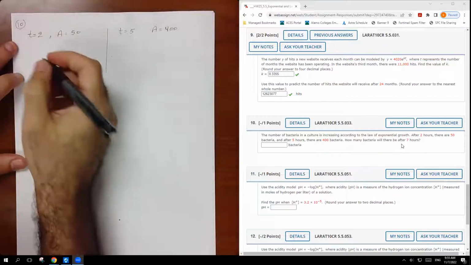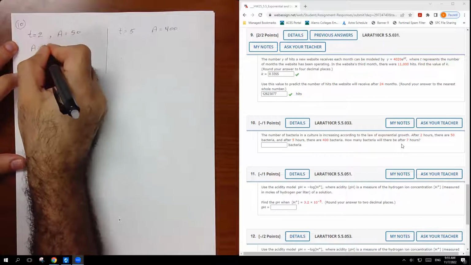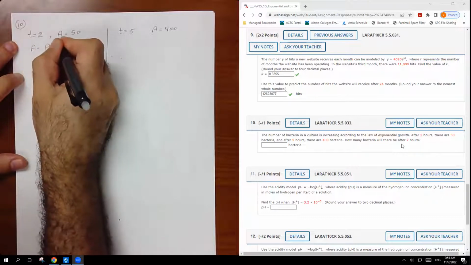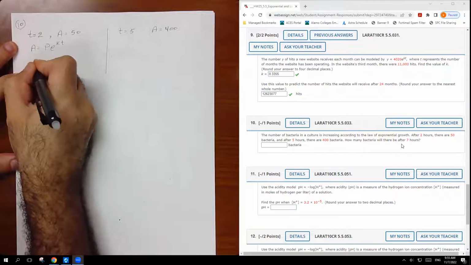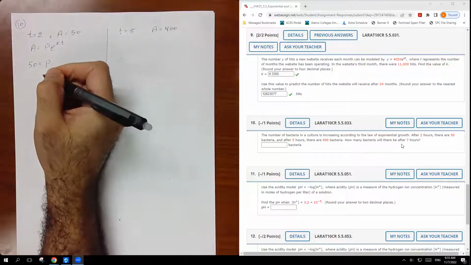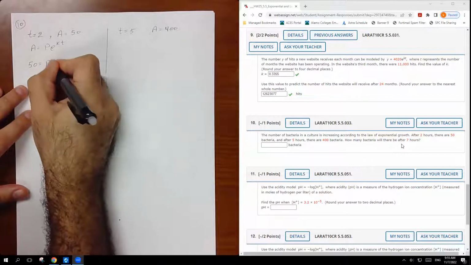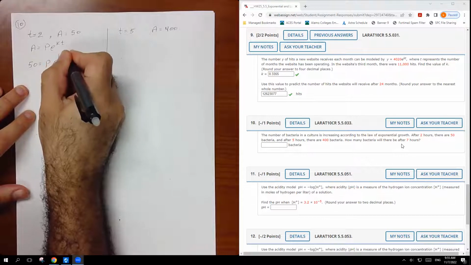So I'm going to use the formula here, A equals P e^(kt). 50 bacteria is going to be the initial P. We don't have k, but we have the time equal to 2.